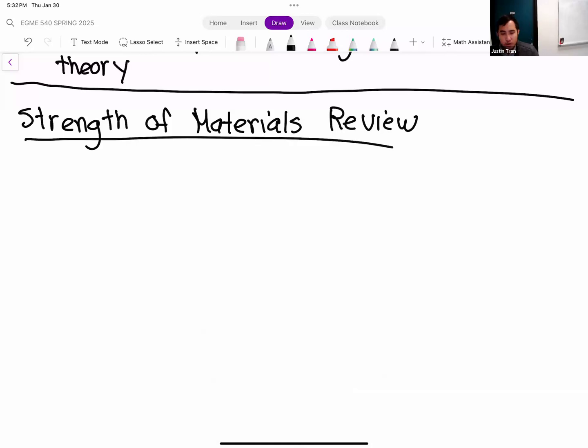If you're following along with the posted lecture notes, this starts on page 6. Okay, strength of materials.